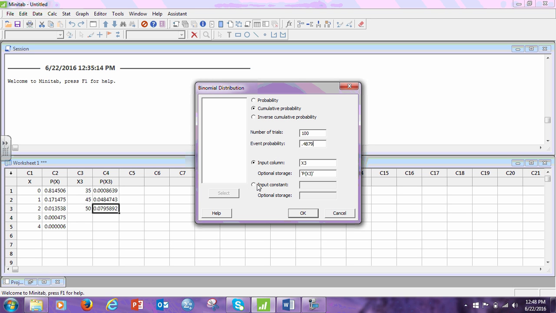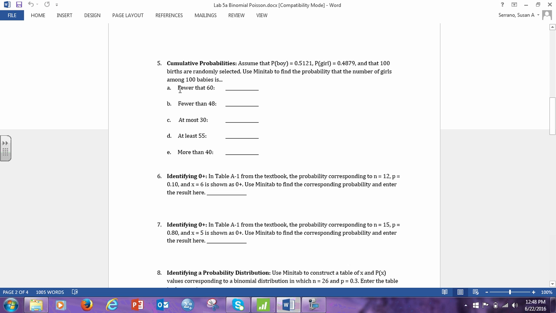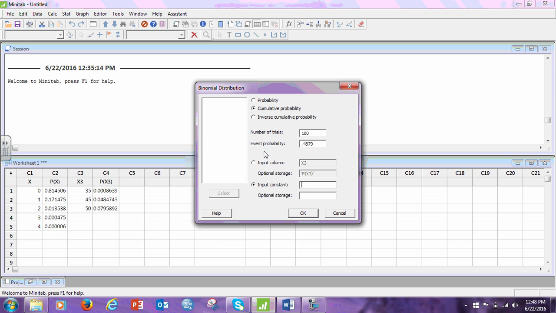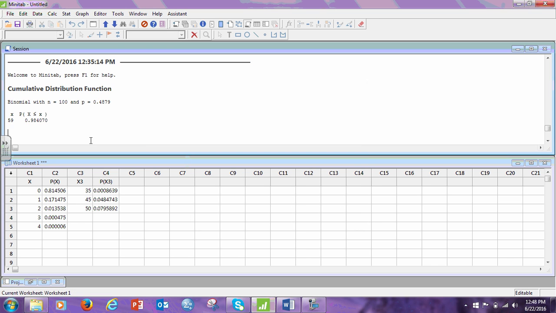And now I'm using input constant because I'm only putting in one value at a time. The probability that X is fewer than 60 is the same as the probability that X is less than or equal to 59. So I put in 59 here, and that's the correct answer.